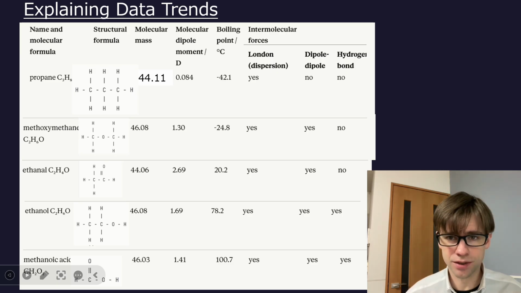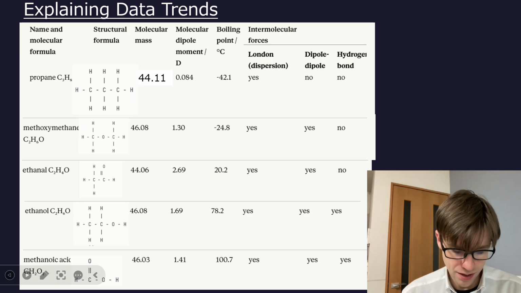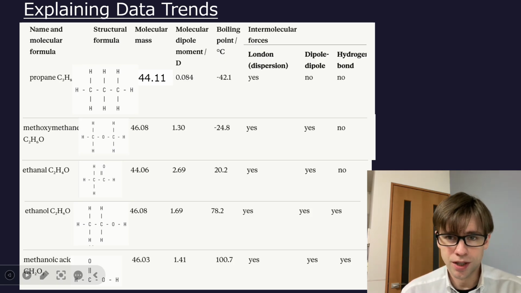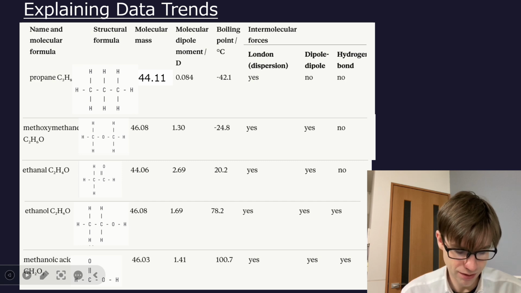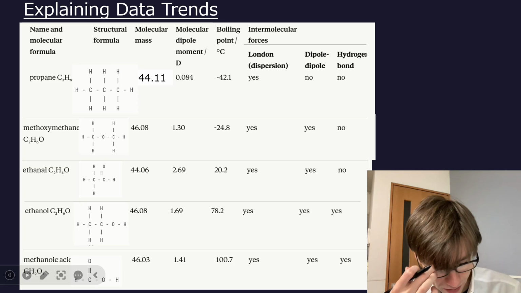So as you increase the polarity and the concentration of electron density in ethanal, it's going to be able to provide stronger attractive forces with other ethanal molecules around it. That bumps its boiling point up by 45 degrees-ish, up to 20.2, above zero. Okay, we can explain that as well.